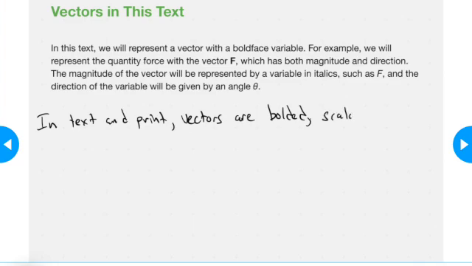Scalars are in italics. So they have some examples here. Vector F is bolded, and then F, when it's not a vector, is in italics, and theta, an angle, is just a direction.